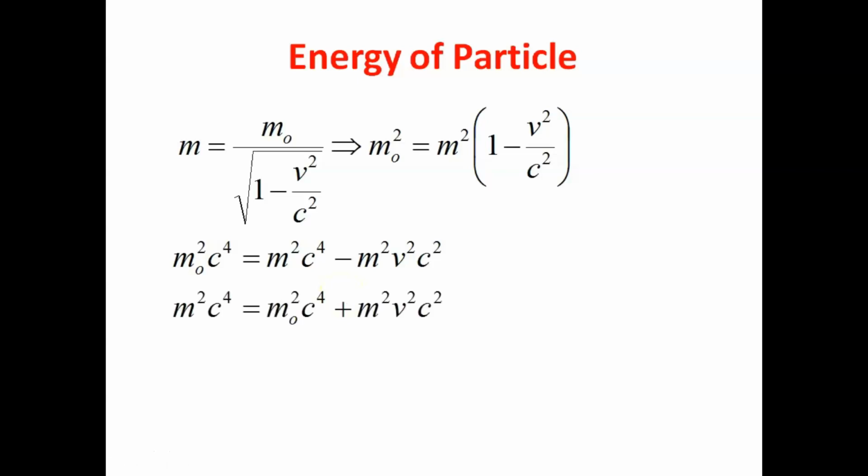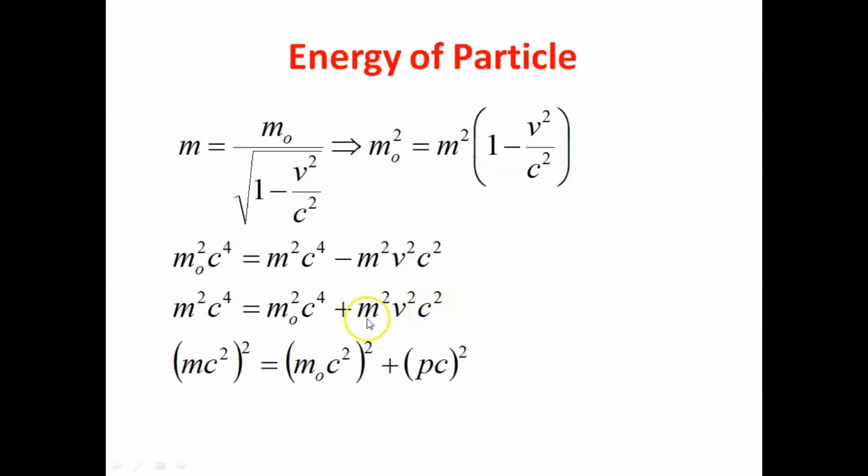I would advise students to pick up a piece of paper and write down these equations and really simplify to develop a feel. Rearranging this equation, m square c to the power 4 equals m0 square c to the power 4 plus m square v square c square.